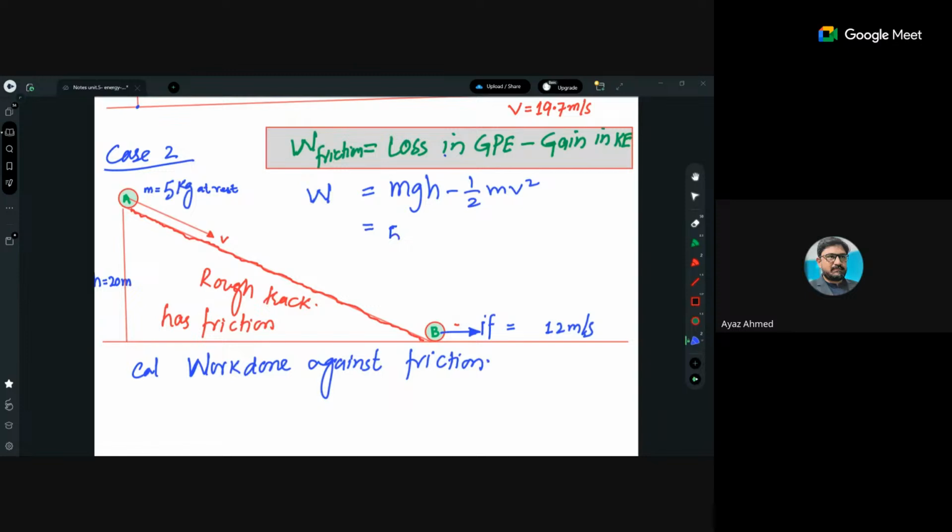5 kg times 20 meter height times 9.81 minus 1/2 times 5 kg mass and speed 12 squared. So just please give me the number. Let me calculate.